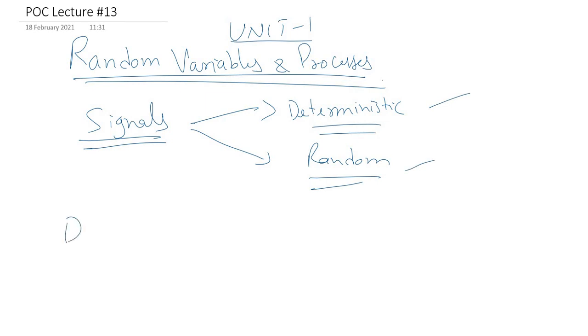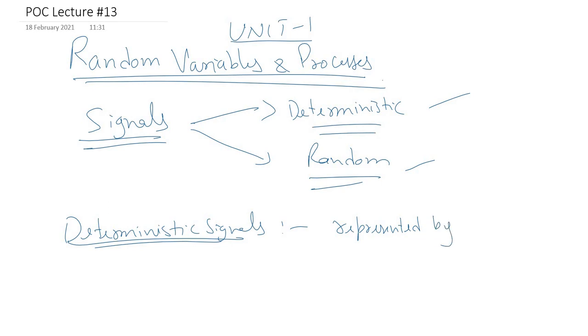Deterministic signals are those signals which can be reproduced exactly with repeated measurements, or we can say they can be represented by exact mathematical expressions.